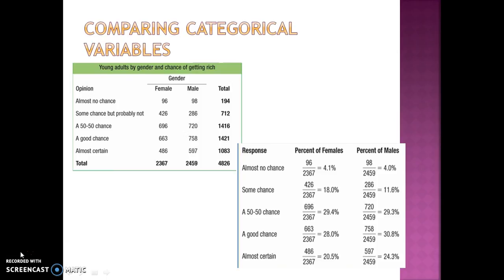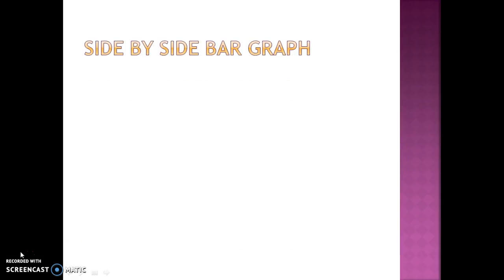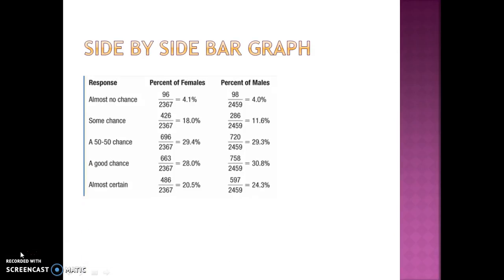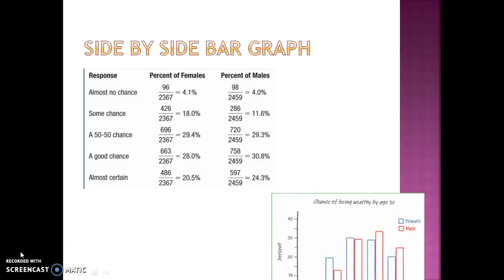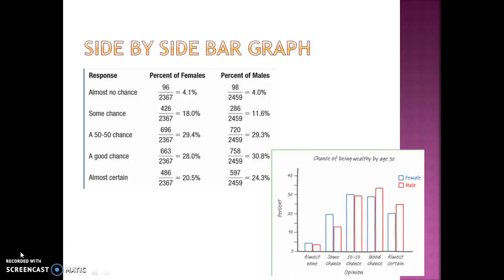Again, all these numbers are great, but sometimes it's easier to see in some kind of graph. So there's a couple different graphs you can do to compare two sets of data. A side-by-side bar graph. So here's my stuff from the previous, all my percentages. What I did is compare them side by side.